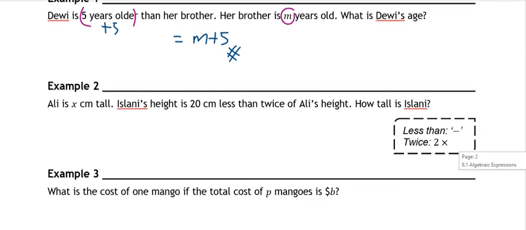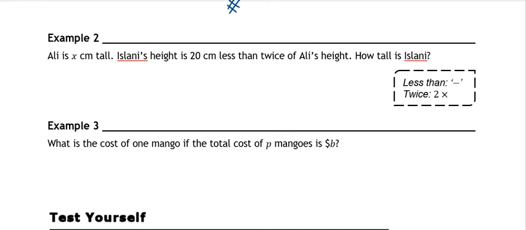Next one, example number 2. Ali is X centimeter tall, and Islani's height is 20 centimeter less than twice of Ali's height. How tall is Islani? So you know that he is 20 centimeter less than twice of Ali's height. So we have to know this one first, because less than means minus 20, right? So 20 centimeter less than, and then twice of Ali's height.